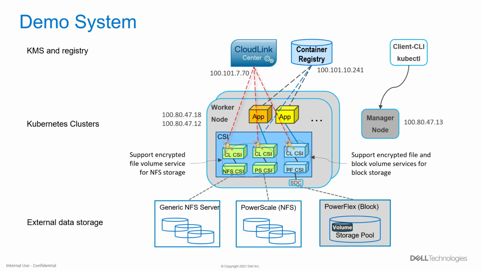The CSI plugins support many different types of storage. CloudLink has validated our volume encryption plugin with those for the generic NFS server, PowerScale, and PowerFlex. We will show CloudLink's encryption capabilities with both PowerScale and PowerFlex as the Layer 3 storage backends.